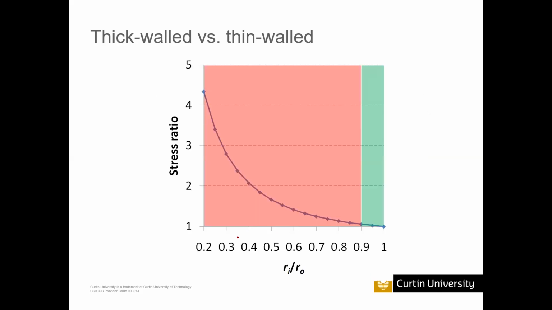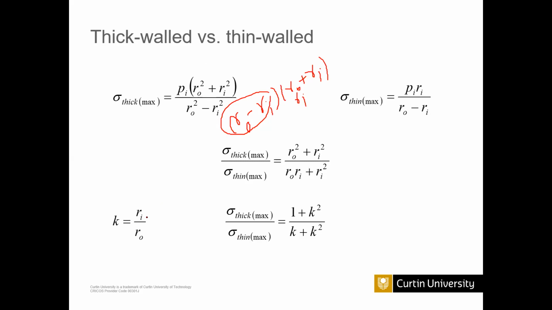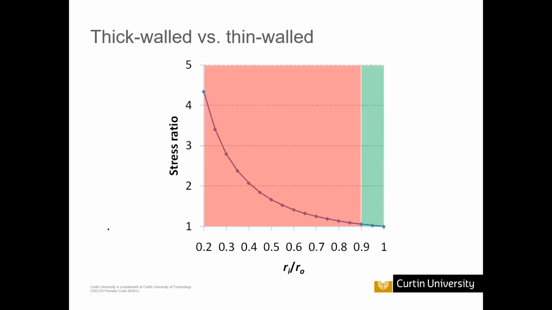Now we can plot it, since we know this ratio, Ri divided by R naught, that is K. So you can see the stress ratio variation. If R naught is equal to Ri, the ratio will be equal to 1. Definitely it is thin wall.